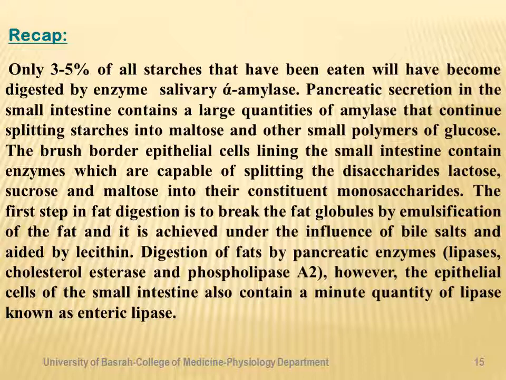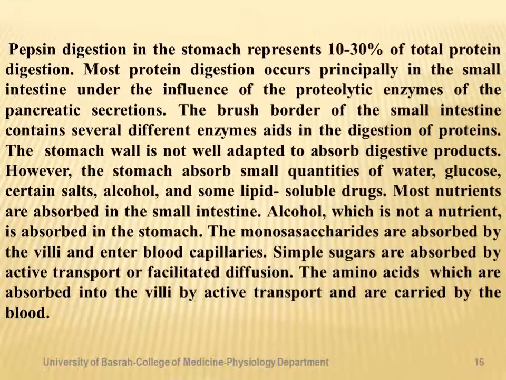The first steps of fat digestion are carried out by bile salts and lecithin through emulsification, which breaks fat molecules into small droplets and enables the pancreatic enzymes and mucosal lining enzymes of the small intestine to digest the fat to simple fatty acids.